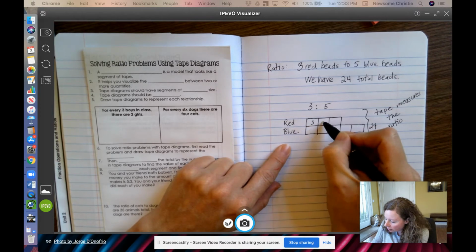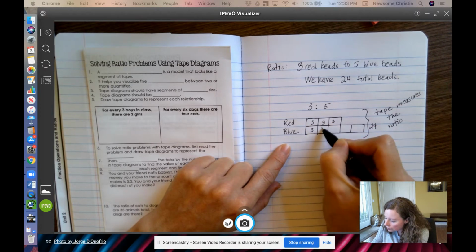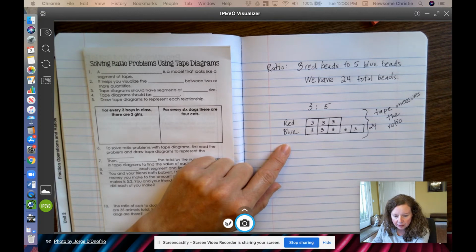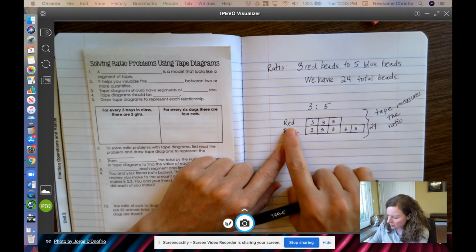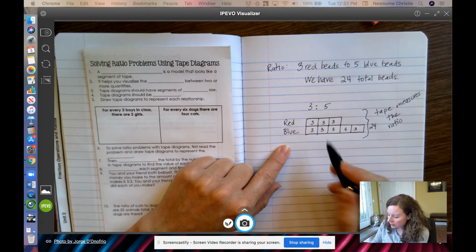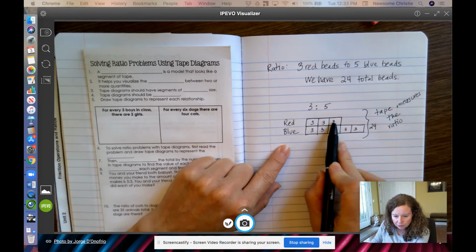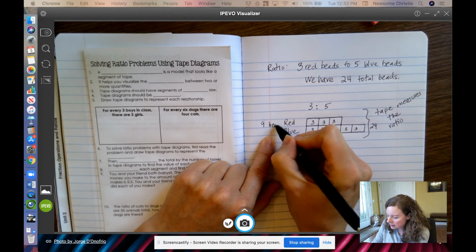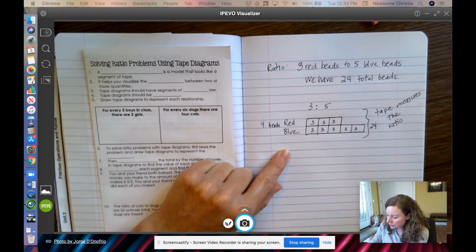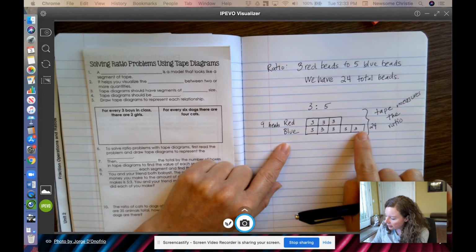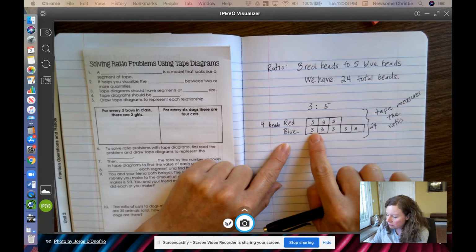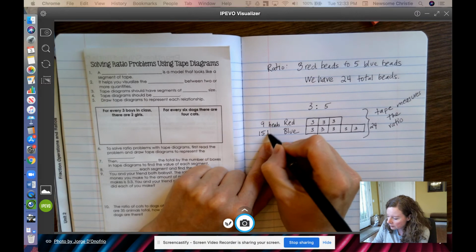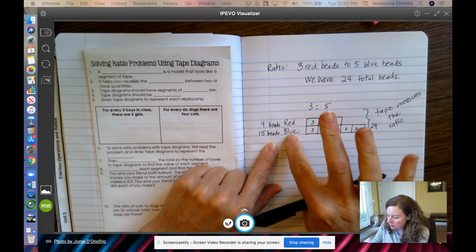So each box is going to hold 3 of those beads, each little section of that tape. So in my red section, I have 3 sets of 3 beads. So there are 9 beads that are red. Do you see that? And then blue, I have 1, 2, 3, 4, 5 boxes, each holding 3 beads. 5 times 3 is 15. So 15 beads are blue.